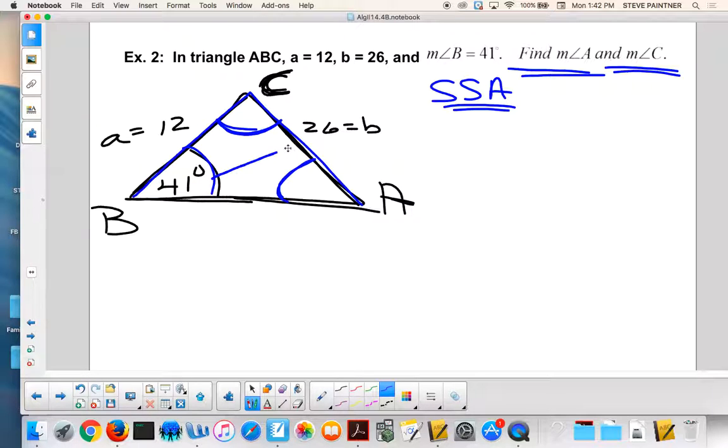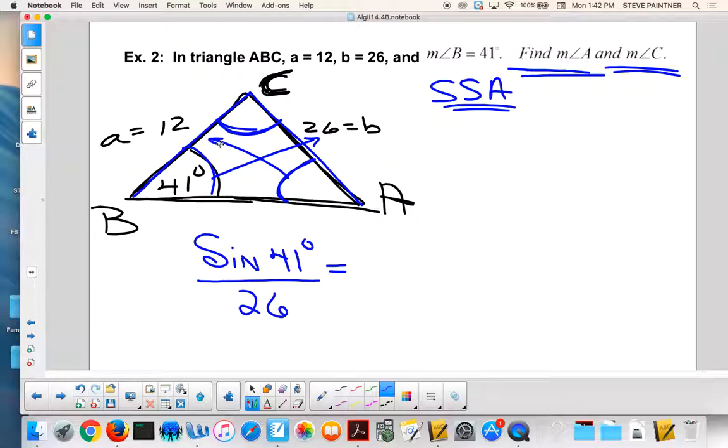So what do you know? Angle B is 41 and side b is 26. I'm hoping you're ahead of me and not trailing me. Sine of 41 over 26 equals what? Are you picking sine of C or sine of A? I hope you're picking A, guys. Look, you know the opposite side is 12.